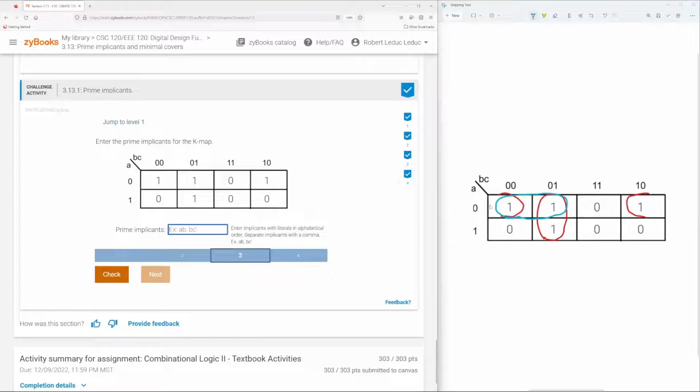So let's go ahead and enter the terms that I circled here. So the first one, we will denote this as A prime, C prime.